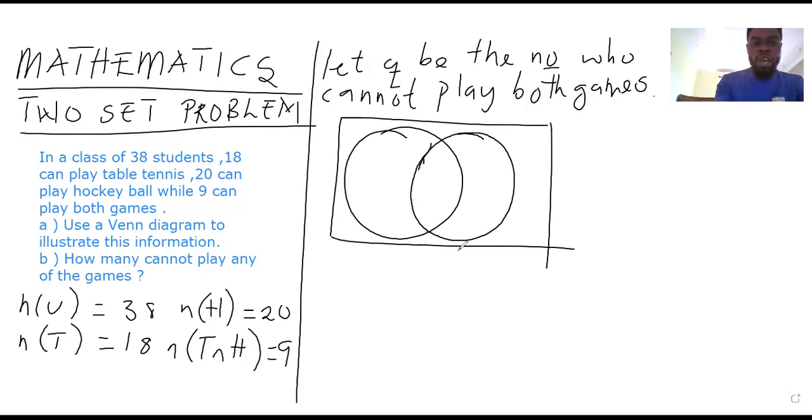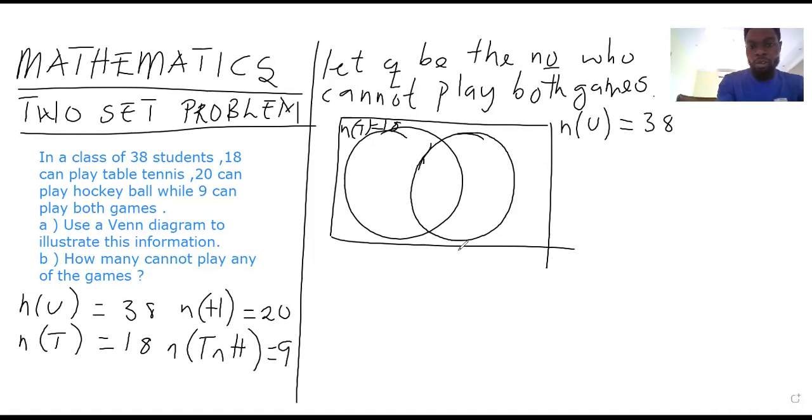Good. So we have the number of U, right? That is 38, the whole rectangle. Okay. And then table tennis, number of T. That is 18.